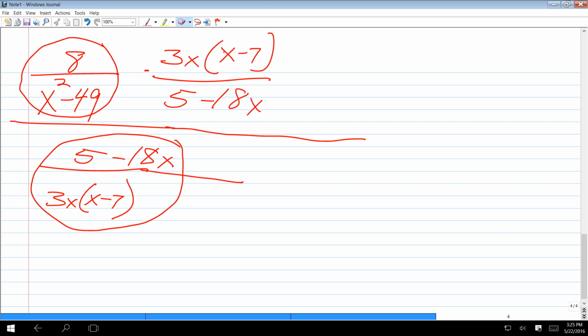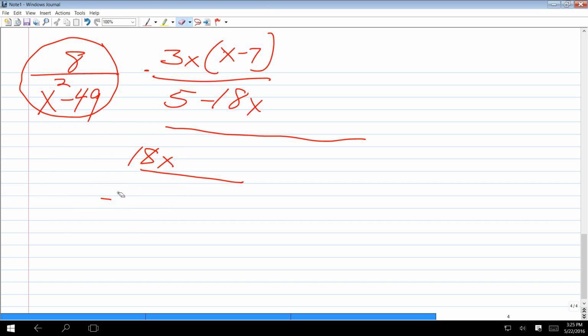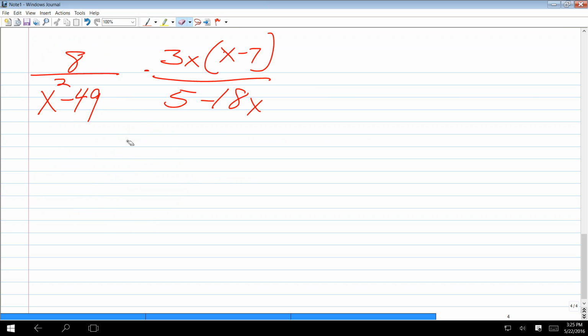Now what can I do to the top left denominator? Can't you cancel because you have x plus 7 and x minus 7? Right, you have to factor. In other words, the difference of perfect squares is going to factor into x minus 7 times x plus 7.